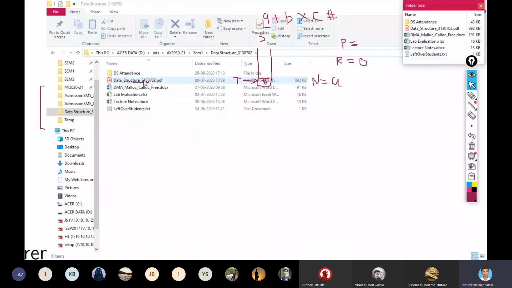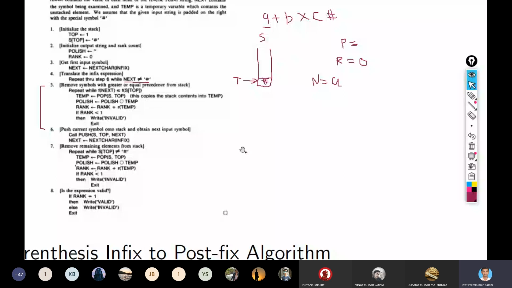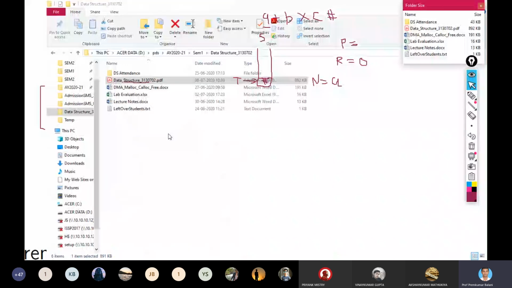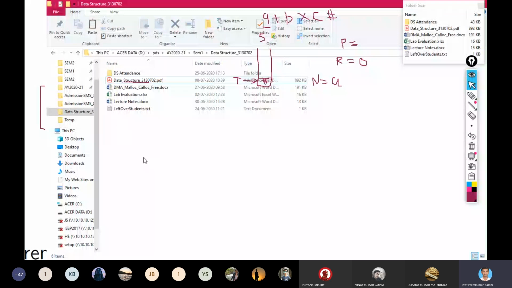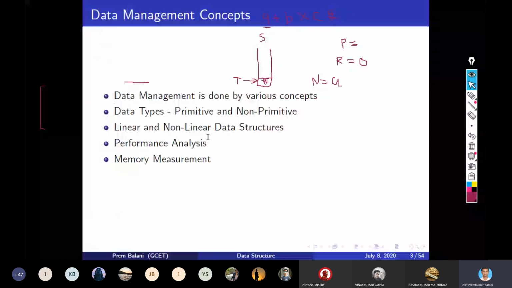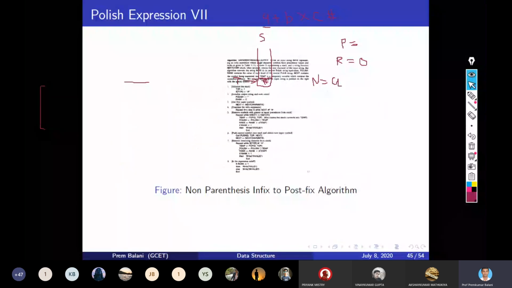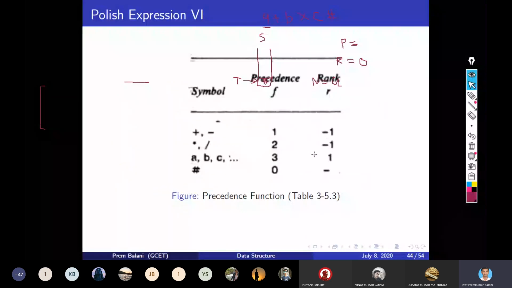Okay, it is not opening the second copy. So okay, here see, f for operands is 3, for multiplication and division it is 2, and for plus and minus it is 1, right?